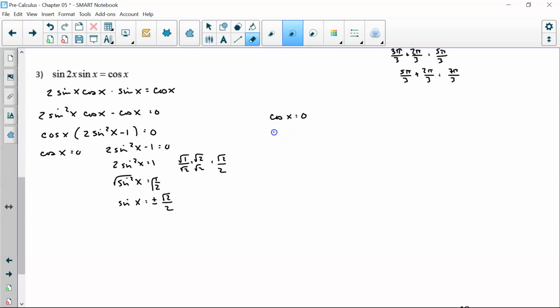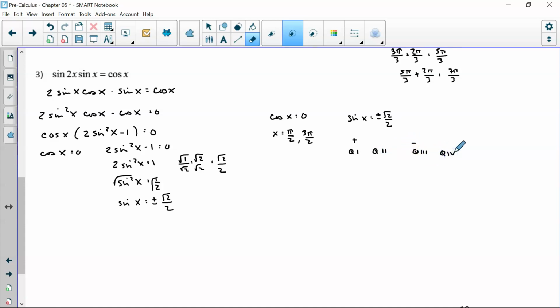It's going to be when x equals pi over 2, 3 pi over 2. When the sine of x equals plus or minus root 2 over 2, now for the positive, we're in quadrant 1 and quadrant 2. For the negative, we're in quadrant 3 and quadrant 4.